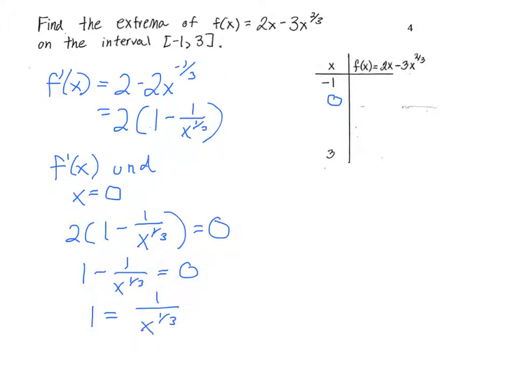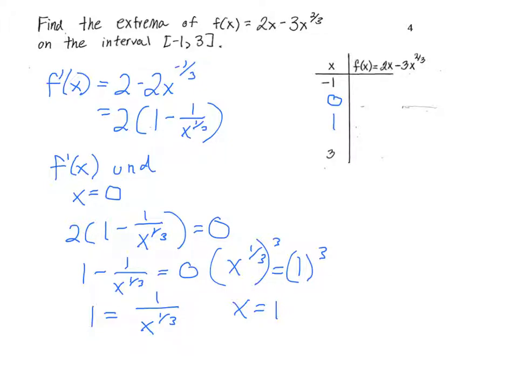If I multiply the x to the 1/3 to the other side, I'll get x to the 1/3 equals 1. And if I cube both sides, I get x equals 1. So f prime of x will equal 0 when x equals 1. So those are my two critical values.